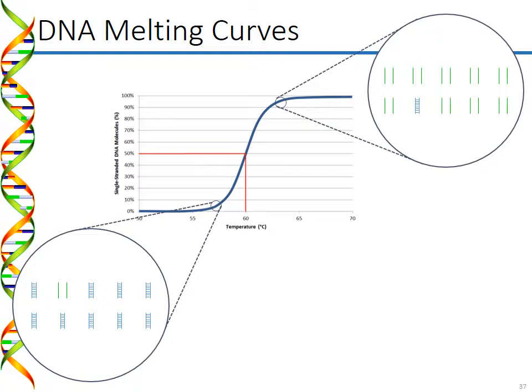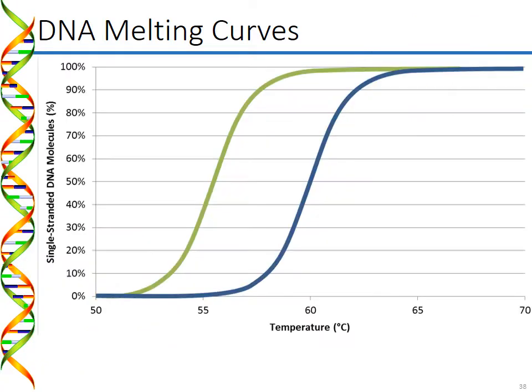So it's important to realize that this DNA melting curve is a continuum of a large number of molecules, the percentage of which is increasing from approximately 0% to approximately 100% as the temperature increases, and the Tm is right in the middle, where 50% of them are in their single-stranded formation.